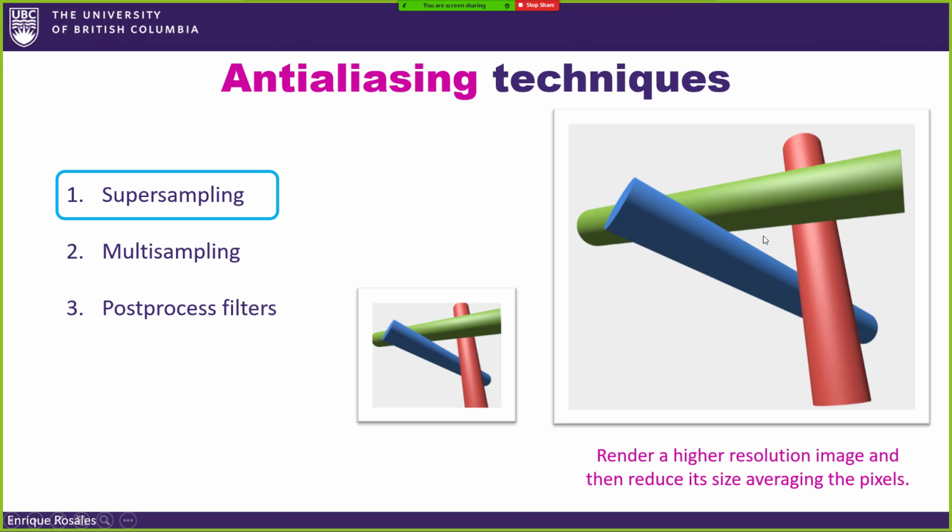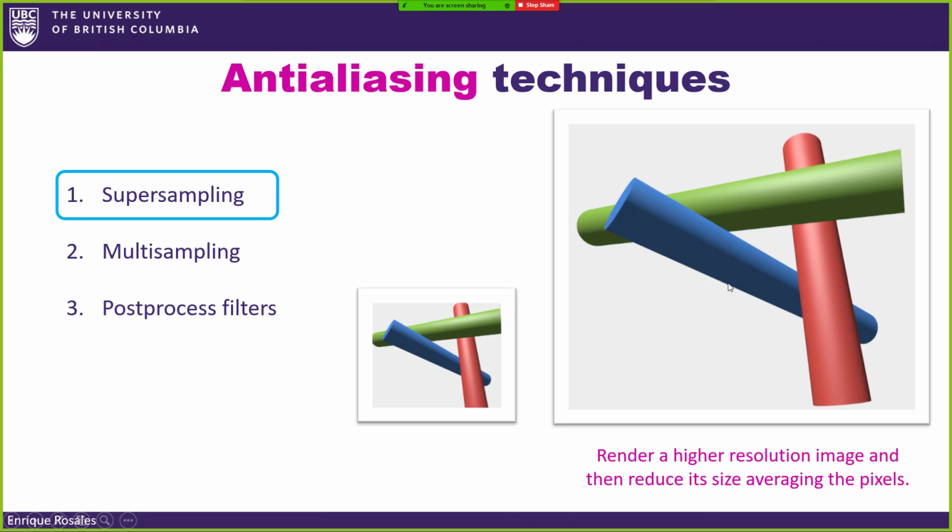So for example, if this image is, let's say, twice as big as the original, for every pixel in your final image, you will have 4 pixels on this image. It means that for the pixels on the borders, for example, you'll have 4 times more information, right? So you get all those 4 pixels, you just average the color, and it means that the smaller version of the image will look better, right?